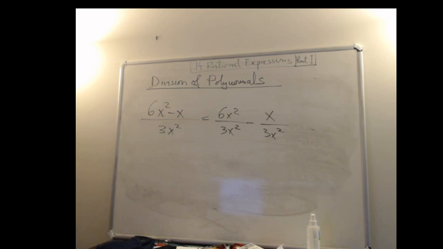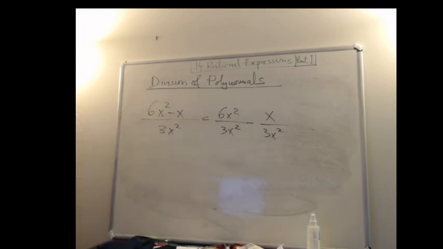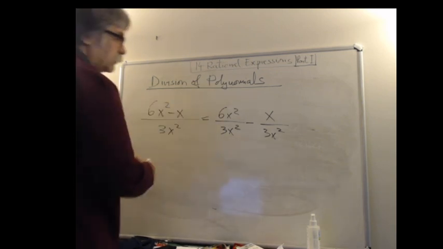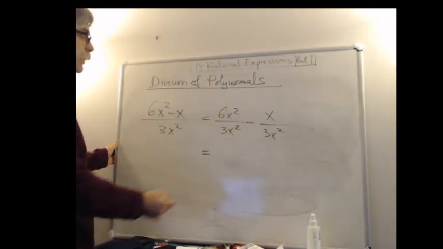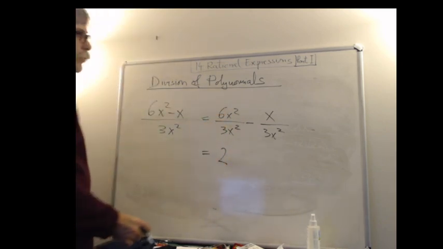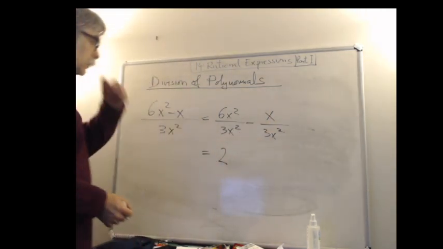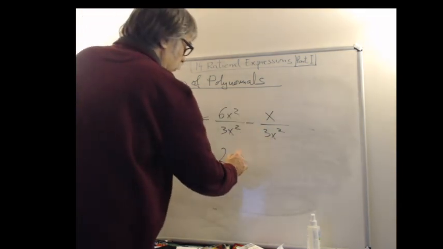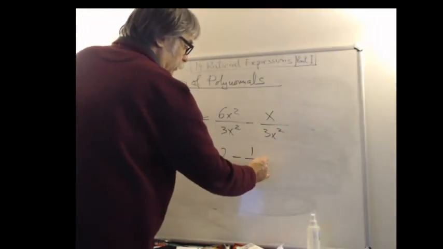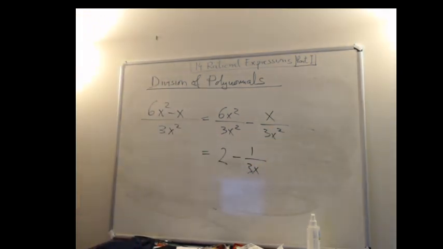Distributivity works here. So you can split the numerator. So this is again, if you have a monomial, single term in the denominator. Now cancel. What do you have here? 6 and 3 get canceled, we got 2. x squared and x squared get canceled, done. In here, well, you're not going to be able to cancel everything, but you can cancel x and x. So you have negative on the top, you have 1, you cancel the x. On the bottom, you have 3 left, and you cancel one of the x's, 1 is left. There you go.